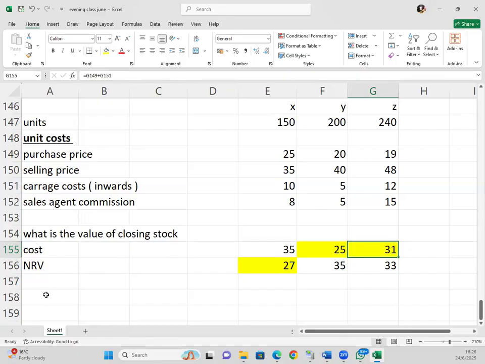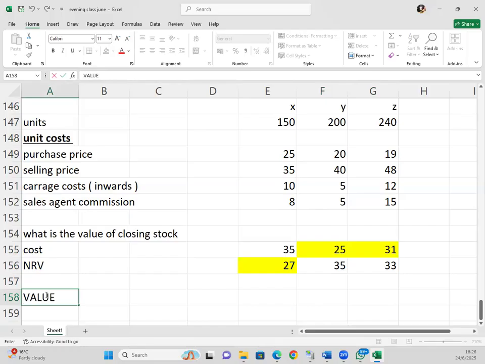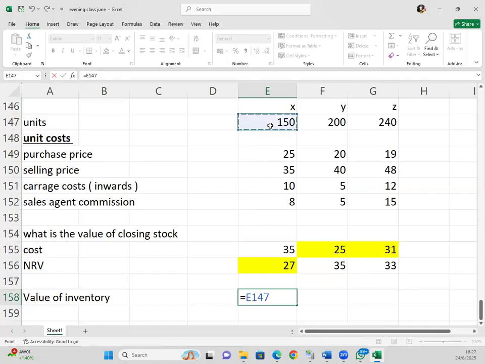Then what is the value of your inventory? For the 150 units that we have, each unit is valued at 27.